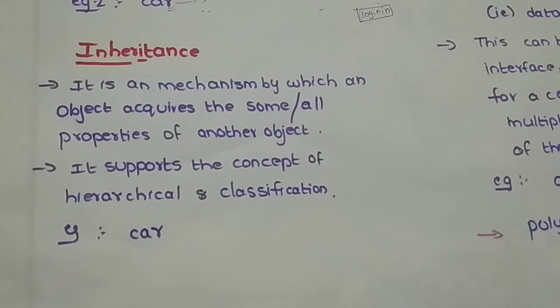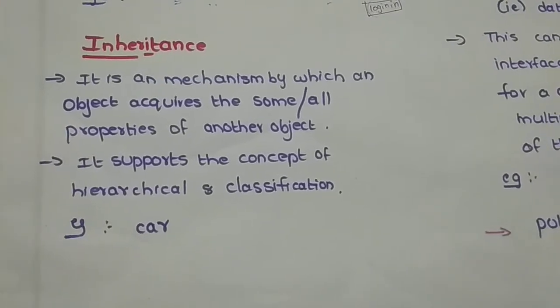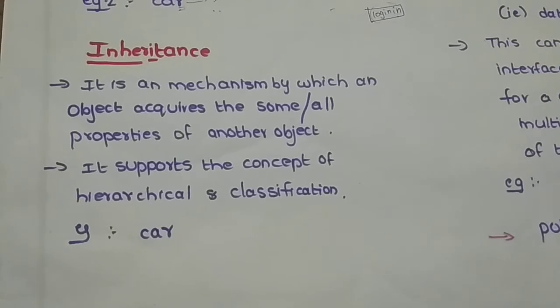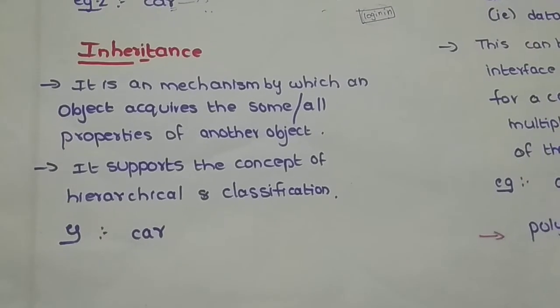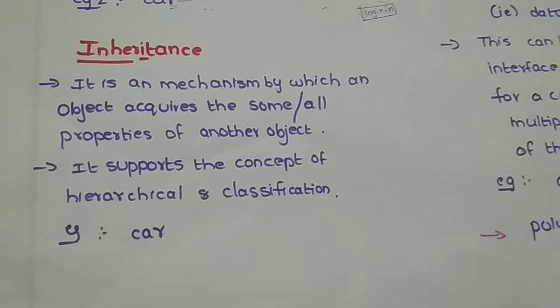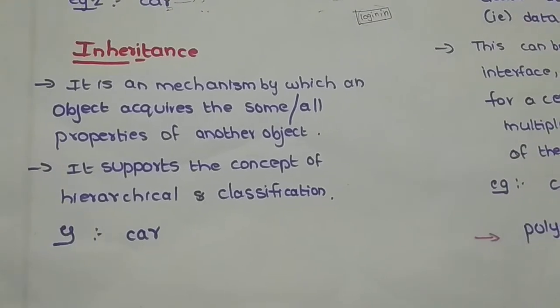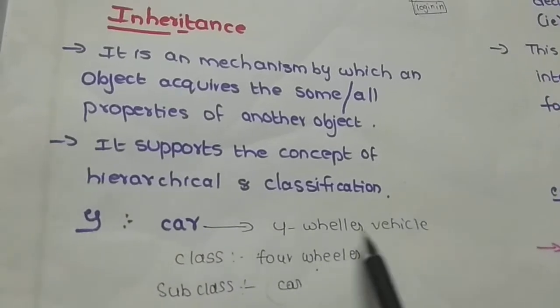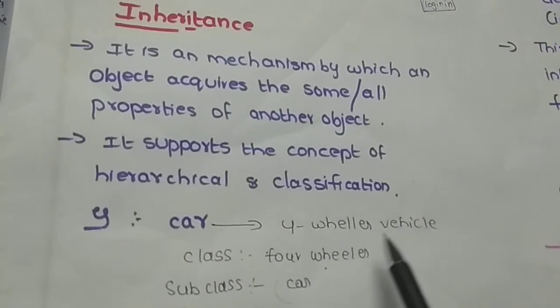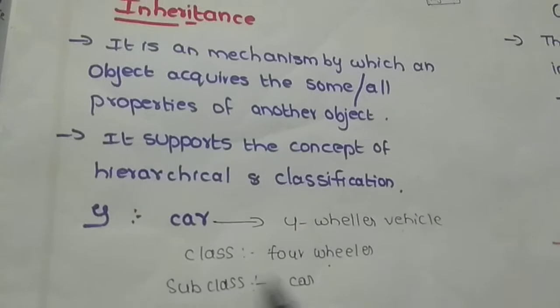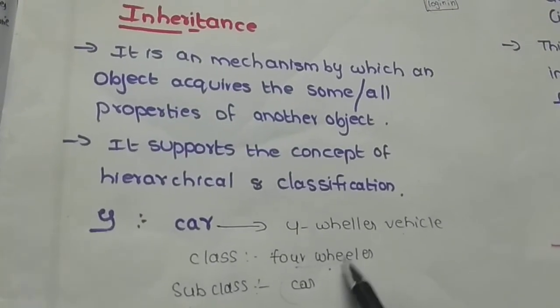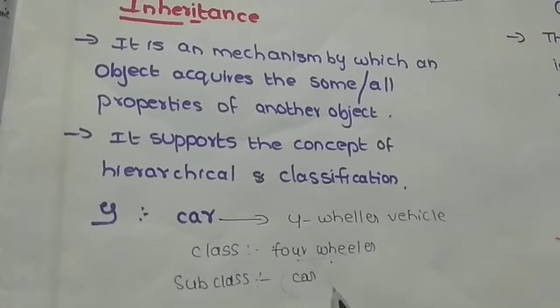Coming to inheritance, it is a mechanism by which an object acquires some or all properties of another object. It supports the concept of hierarchical classification. For example, as we know, a car is a four-wheeler vehicle. So assume that we have a class that is four-wheeler and we have a subclass that is car.